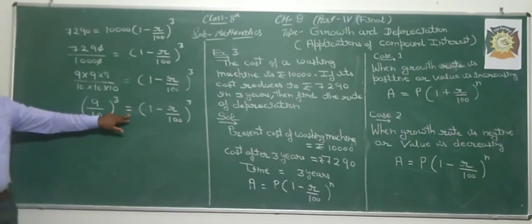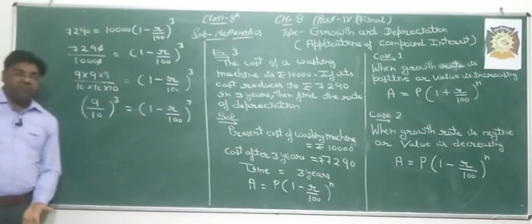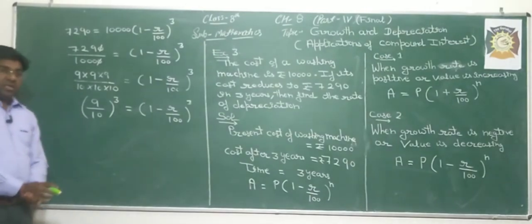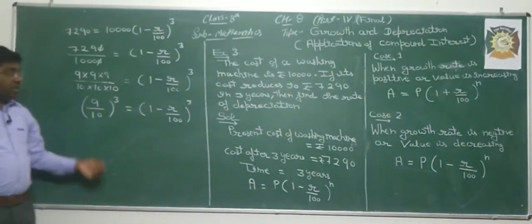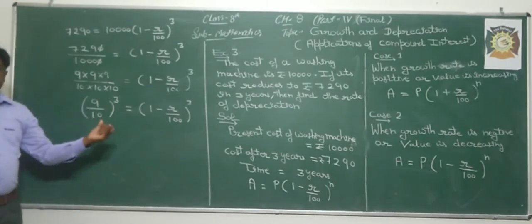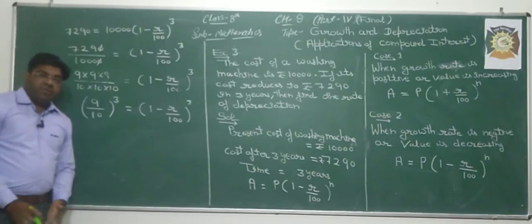Now, observe this thing carefully. This is equal, that means their values are equal. And when powers are equal and values are equal, their bases are also equal. That means we have to equate their bases.